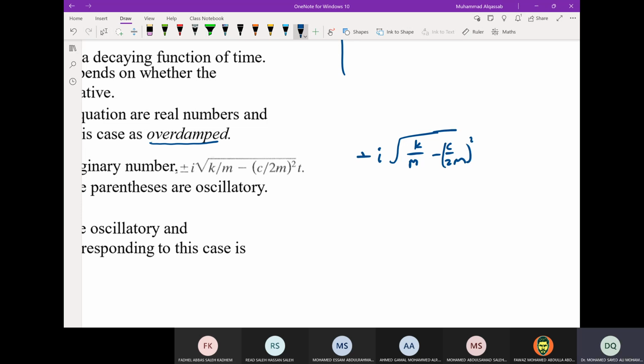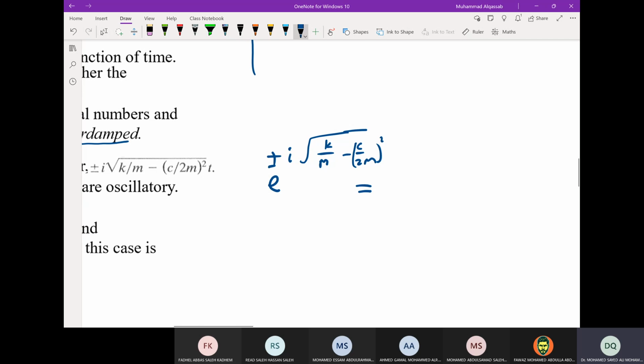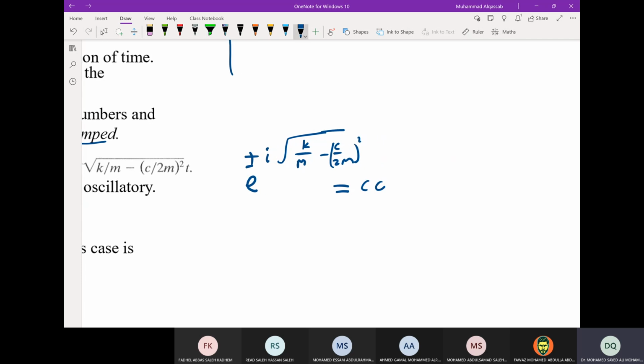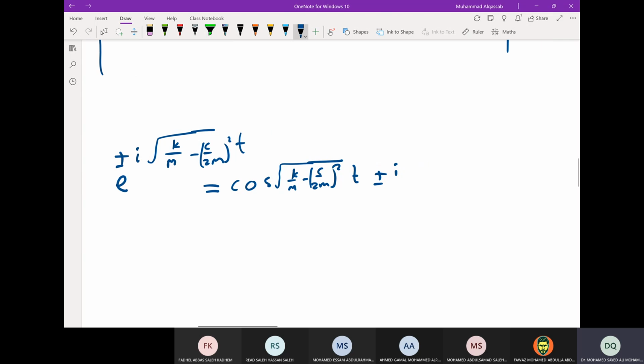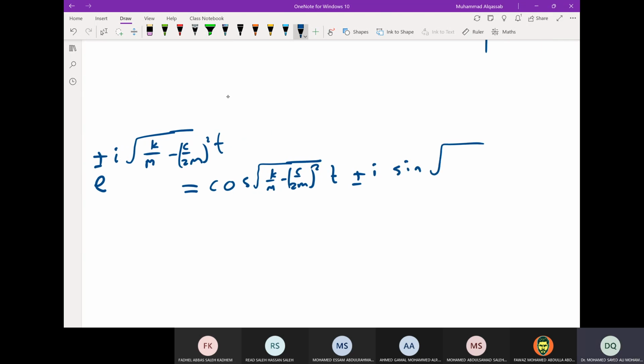And if you have e to the power of this, as the exponent of the exponential function, this reduces to sine and cosine. So this will be cosine of the square root of k over m minus (c over 2m) squared, times t, plus or minus i sine of the square root of k over m minus (c over 2m) squared, times t.